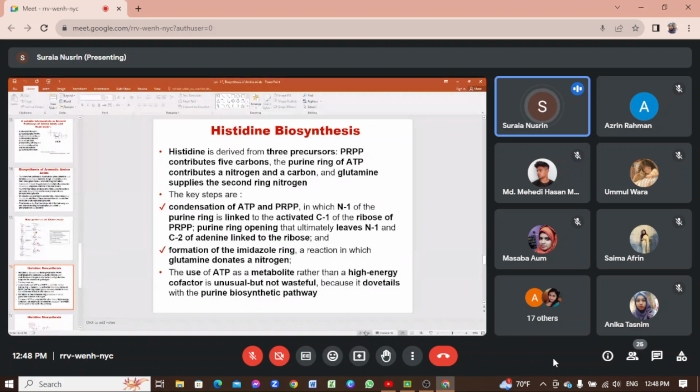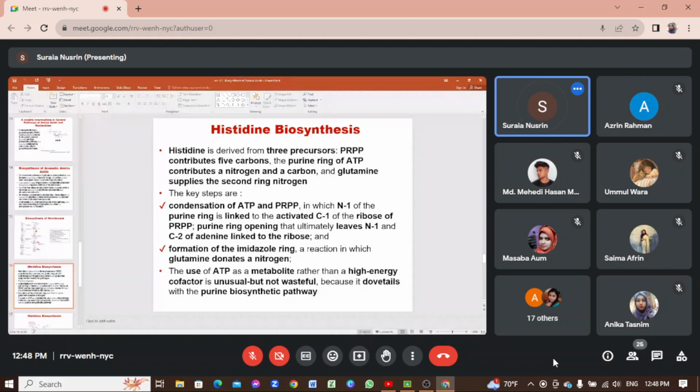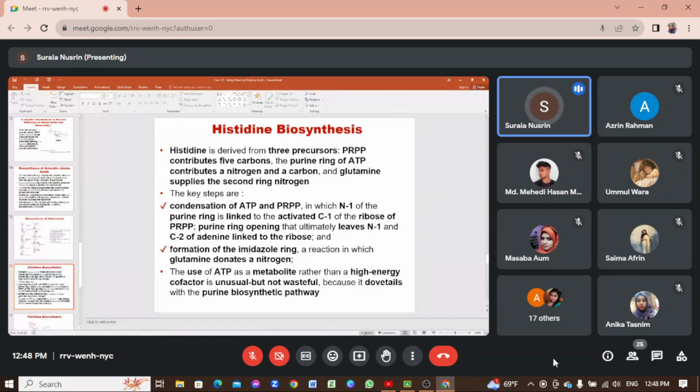But the important thing in this biosynthesis is that we can see ATP as one of the metabolites here, not as the source of energy. Before this, we have not seen such a reaction. Like always, ATP provides energy by transferring the phosphoryl group, pyrophosphate, or adenyl group. But in this reaction, ATP participates as a metabolite.